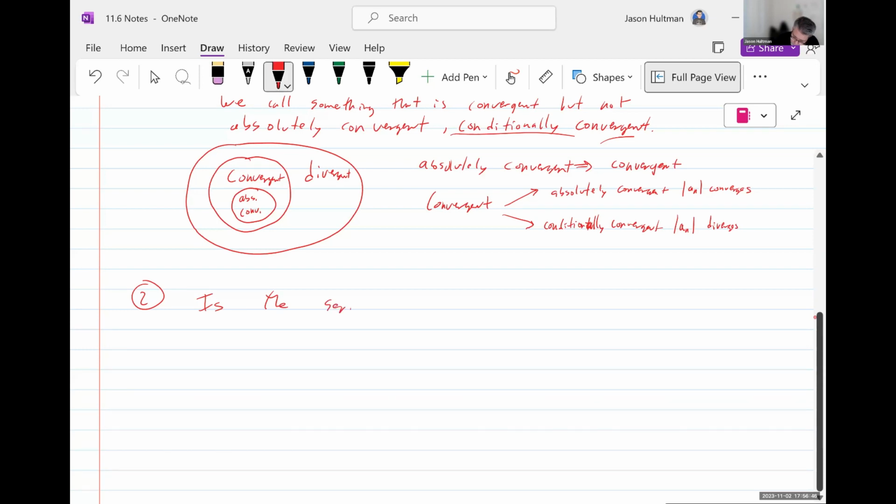Is the series summation of n equals 1 to infinity of negative 1 to the n minus 1 of 1 over n squared absolutely convergent, conditionally convergent, or divergent?